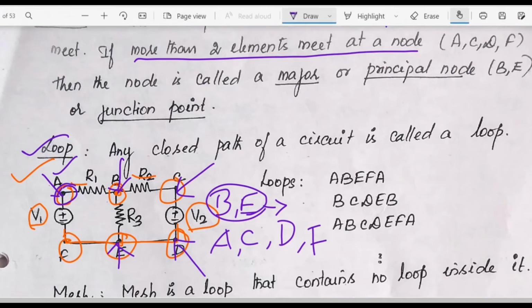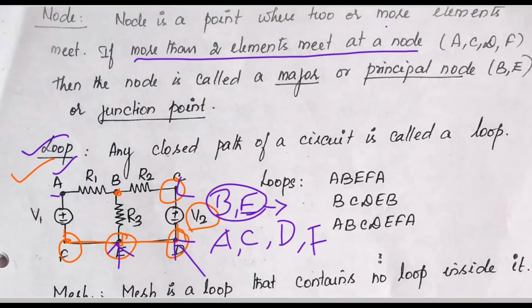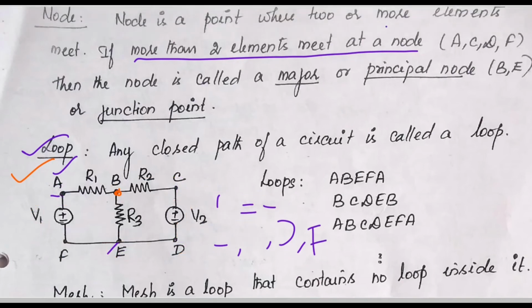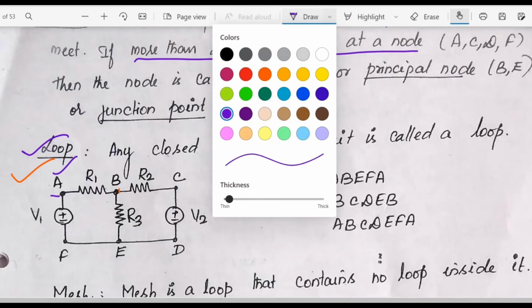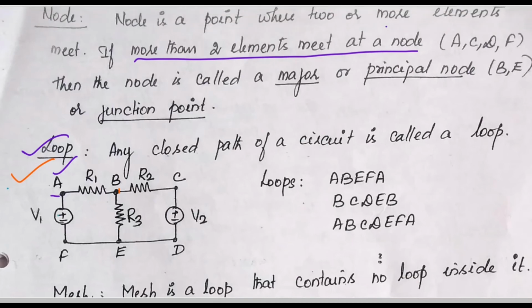We'll see what a loop is. A loop is any closed path of a circuit. So what are the closed paths in the given example circuit? We have A, B, E, F, and again it comes to A, a closed path. So A, B, E, F, A is loop number 1.